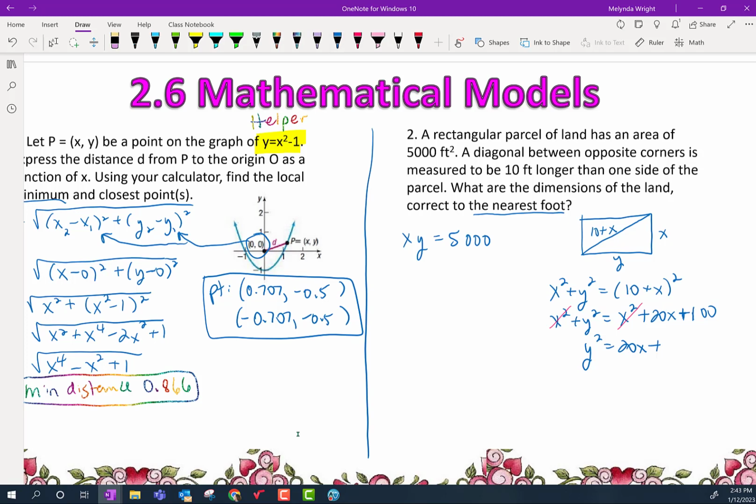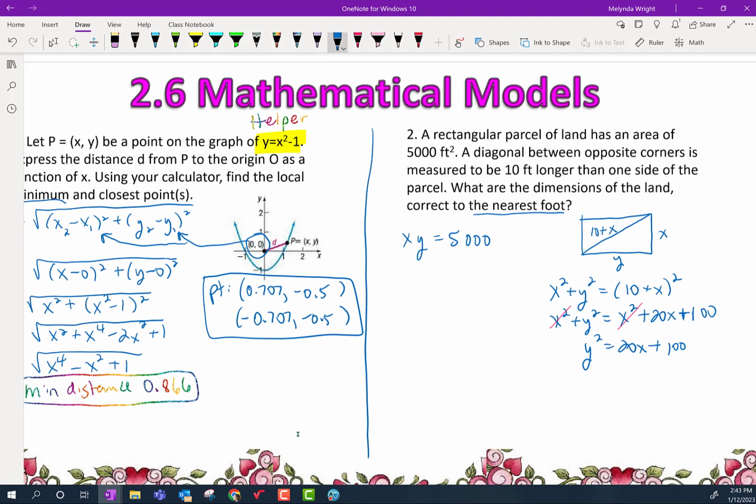Now, it would be easy mathematically to solve for y and square root both sides, but that would cause a plus minus square root on the right, and I do not want to deal with that.